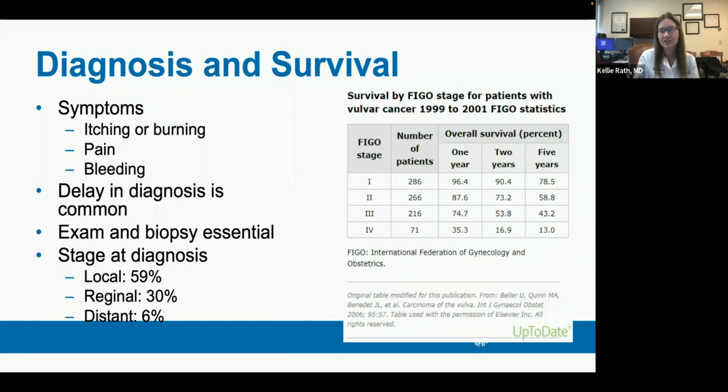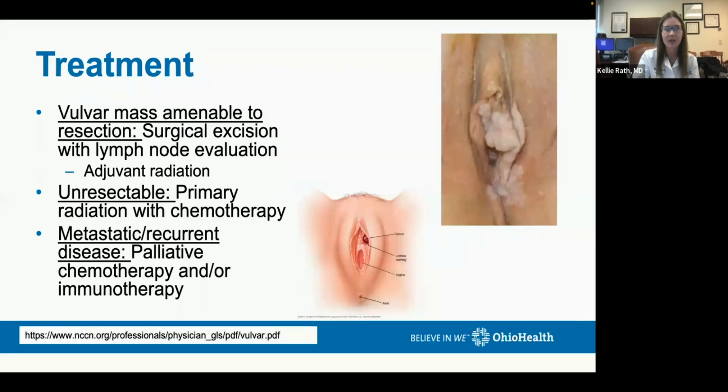The majority of patients have local disease at diagnosis, with 59% being local, 30% being regional, meaning lymph node disease, and 6% being distant. Again, you can see stage 1 disease has a very good survival, and as the patients are diagnosed with more distant disease, the survival decreases. And so certainly important to ask patients about their vulvar health and try to catch these early.